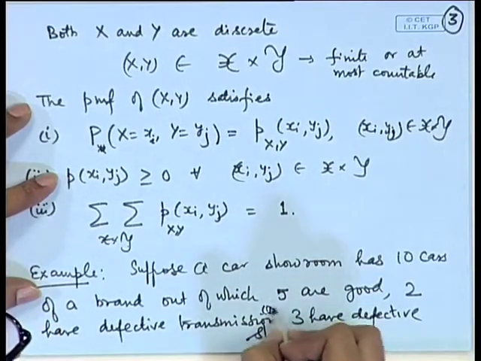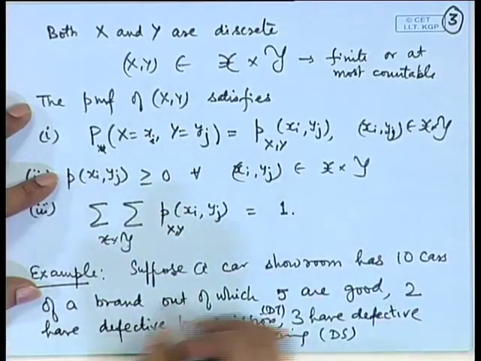So, we call them DT and DS, and good ones are G.